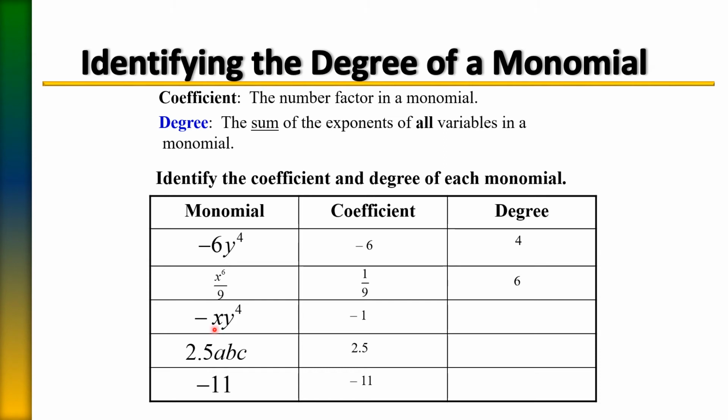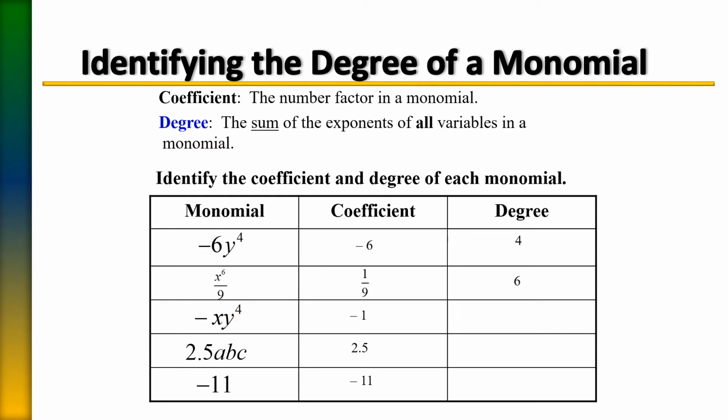For the next example, we have our variables. We have a coefficient of 1 in that term, but we want to focus on the variable because the degree has to do with only the variables. So x has a degree of 1. y has a degree of 4.